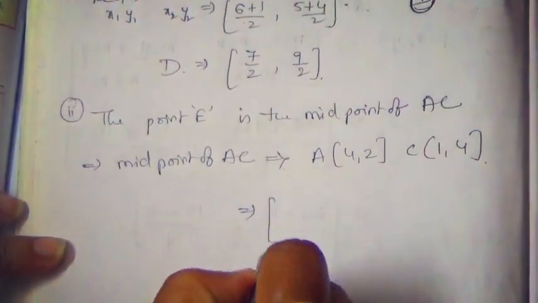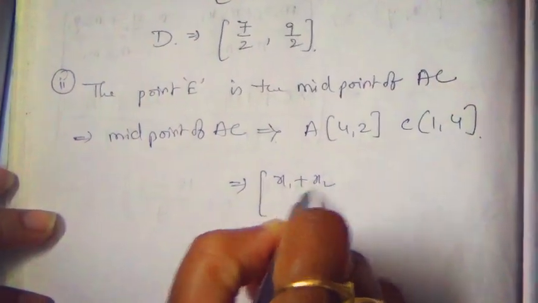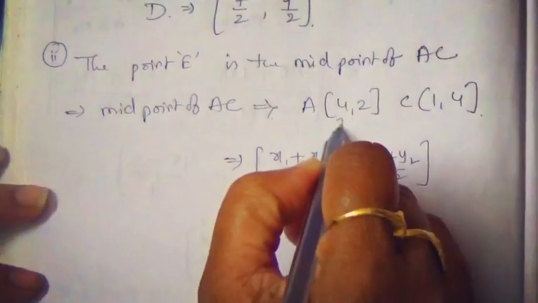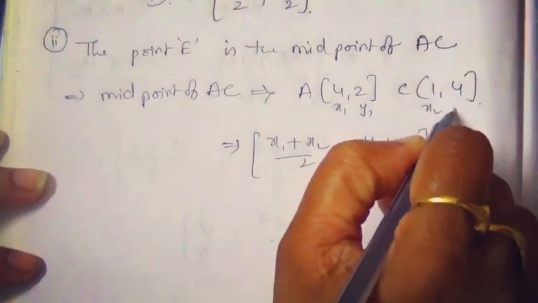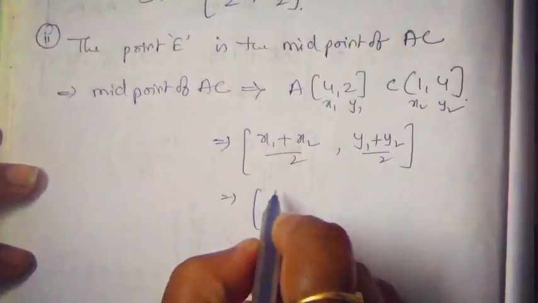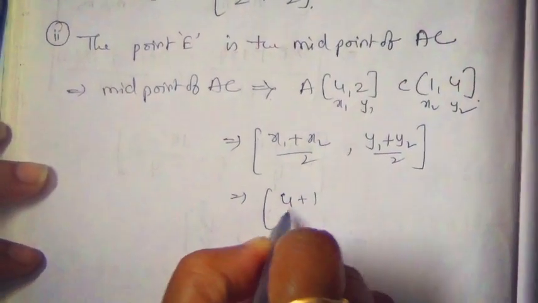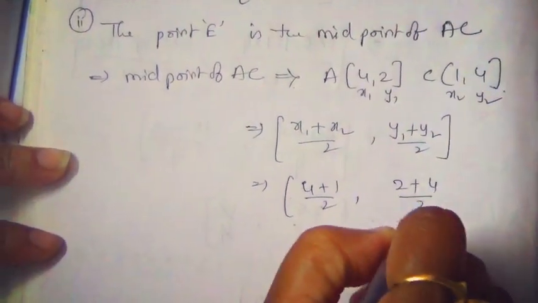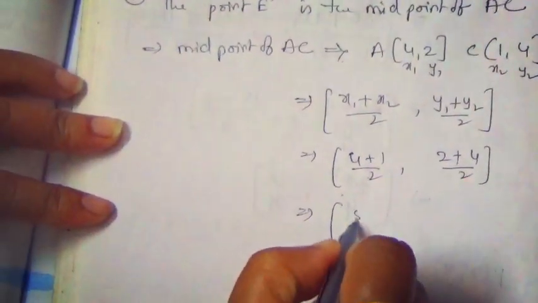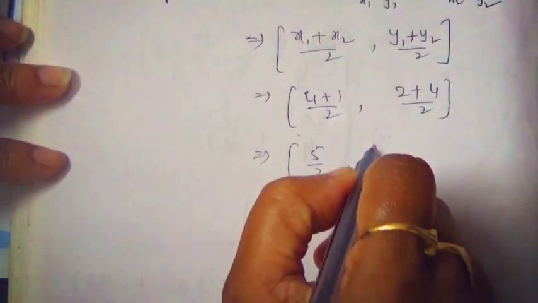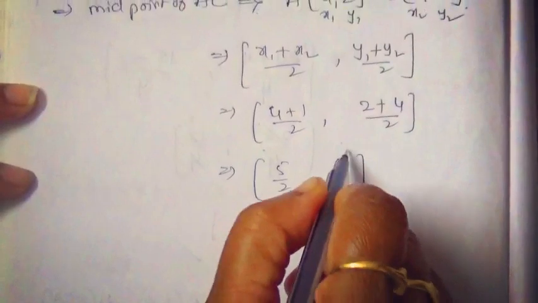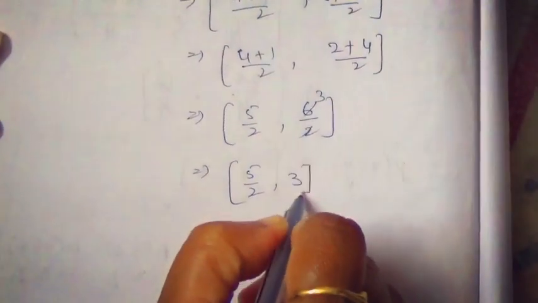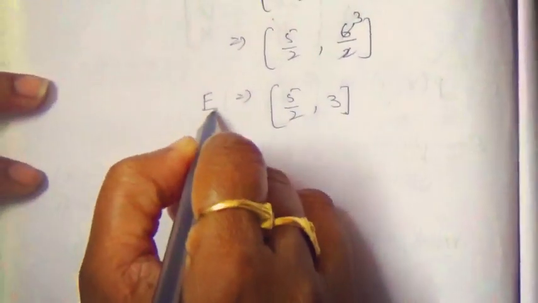The midpoint formula is x1 plus x2 by 2, y1 plus y2 by 2. Here we take x2, y2 as usual. We substitute these values: 4 plus 1 by 2, 2 plus 4 by 2. That is equal to 5 by 2 and 6 by 2. After cancellation, we got 5 by 2 and 3 as the point E.